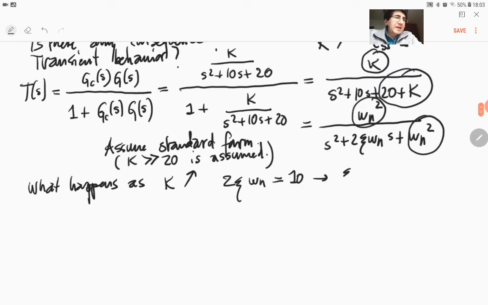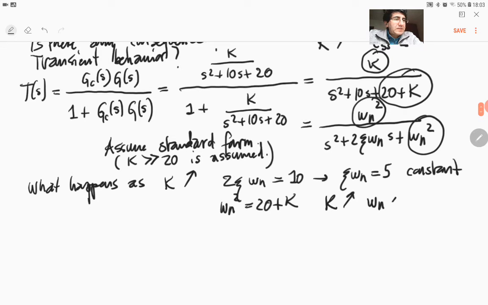That means psi omega n is equal to 5 and is constant. But omega n squared is equal to 20 plus K. So as K is increased, omega n is increased.